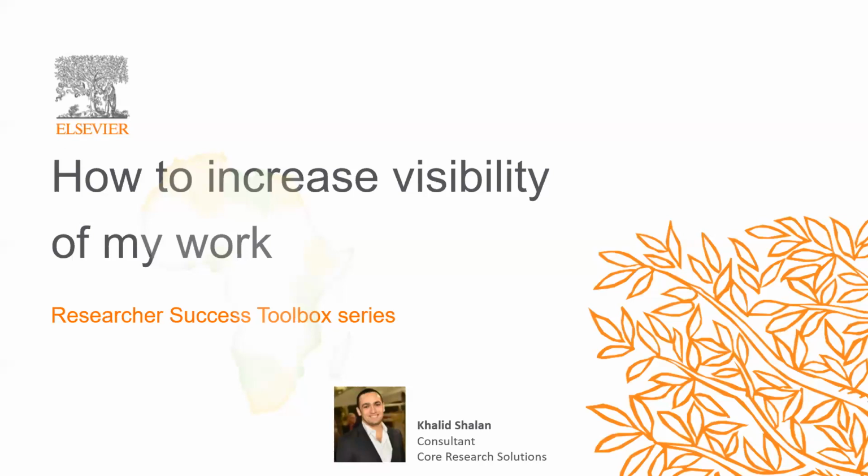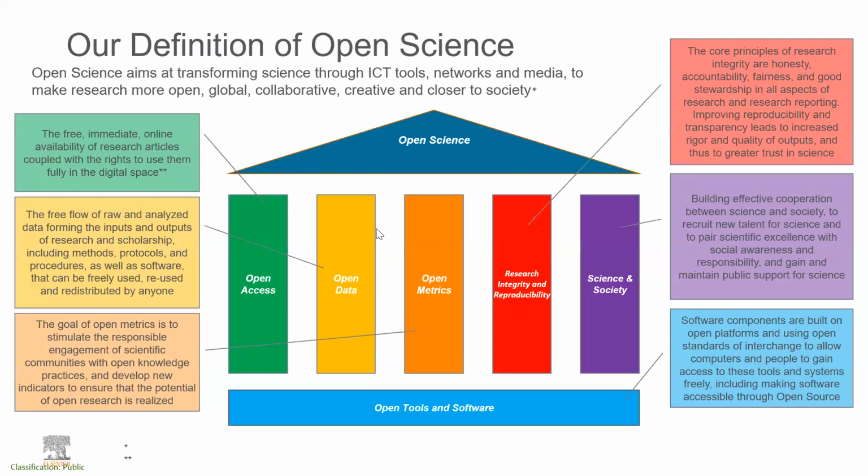One of the things that we would be talking about today, a little bit later on, is the concept of open science in general. Open science is about making science more accessible, more useful to the broader society as well, in addition to the global research community.